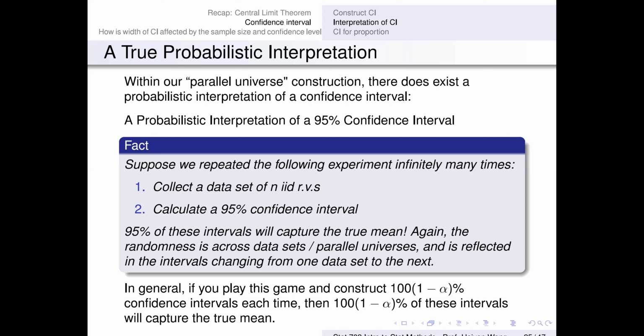Eventually, out of these many data sets and computed confidence intervals, you're going to find that around 95% of them will contain the true mean, and about 5% of them, the true mean is not inside. That's from a large number of such experiments.